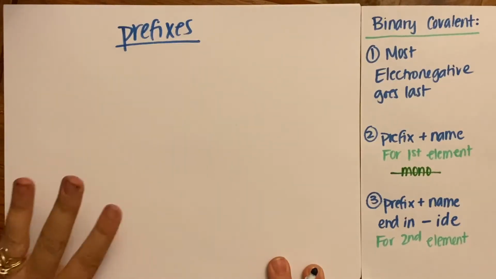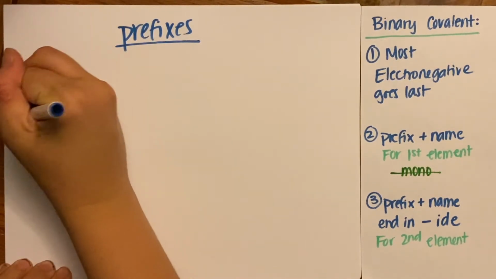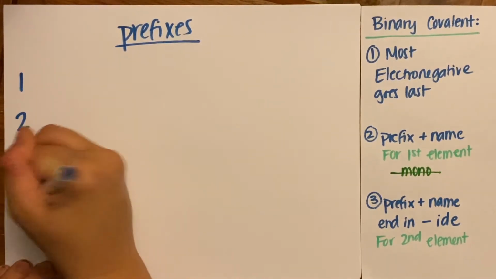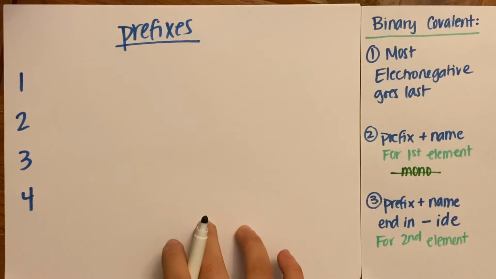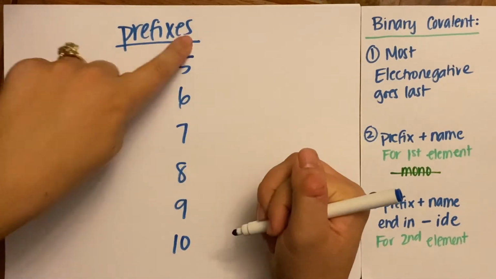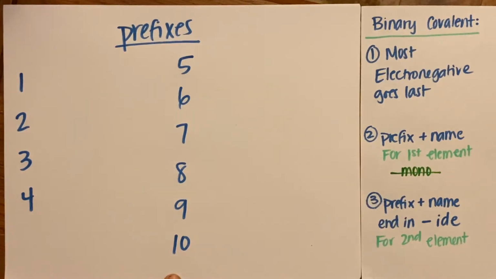You are actually going to have to learn your prefixes, and I'm going to separate them out kind of funny. You will need to know numbers 1 through 10. 1 through 4 are the tricky ones to remember. 5 through 10 are the easy ones because these are the same numbers you've had in geometry.